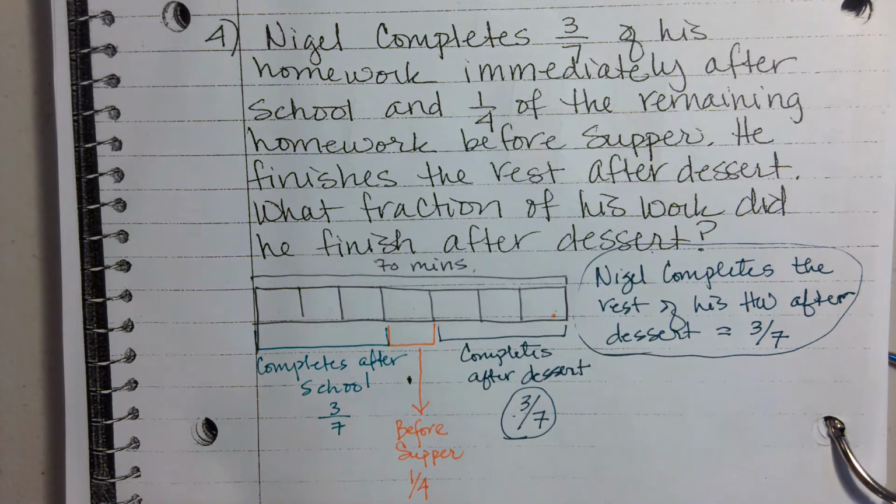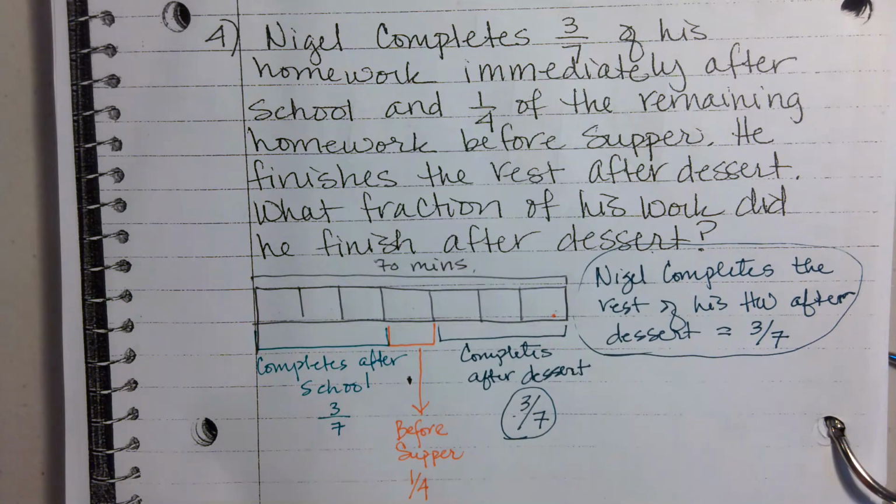So how could I find the number of minutes he worked on homework after dessert? So think about it for a second. So he finished 4/7 already, so we can find 4/7 of 70 minutes and then subtract that from 70 to find how long he spent after dessert.